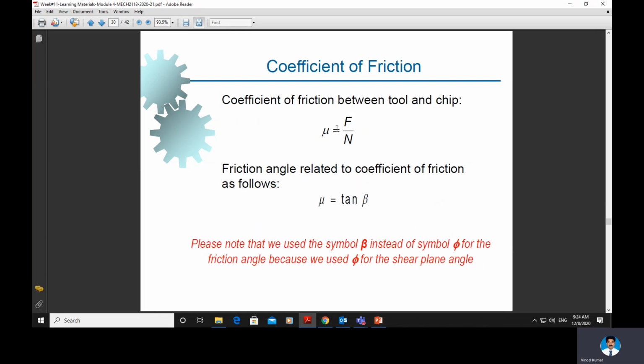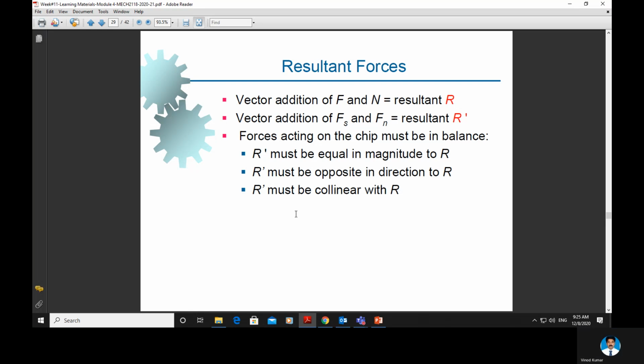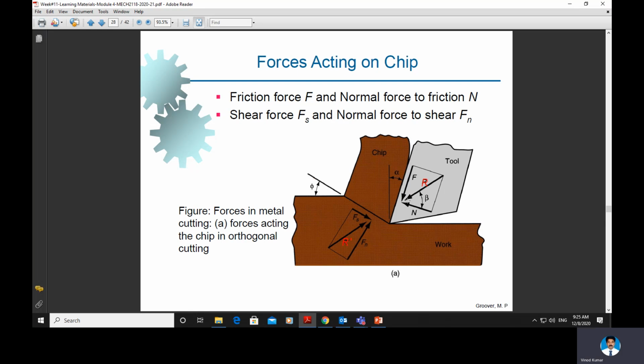Now, the coefficient of friction can be represented as mu, which is equal to force F divided by N. Frictional force F divided by normal to the friction force will give you the coefficient of friction. So this coefficient of friction can also be written as tan beta, where beta is called the friction angle, the angle between the resultant and normal to the friction force.